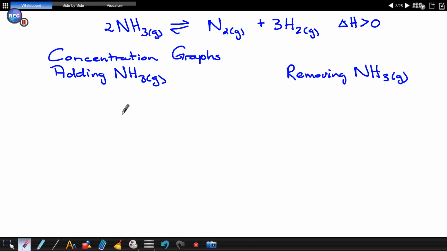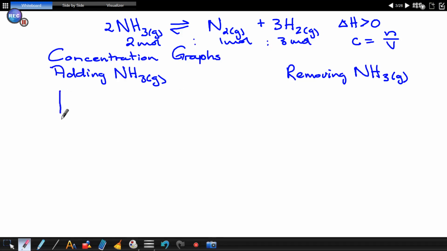They are not equal. You get me? Because the mole ratio is 2 moles to 1 mole to 3 moles. These are moles, and concentration is moles per volume. You will not have the reactants or the reagents present in equal concentrations.